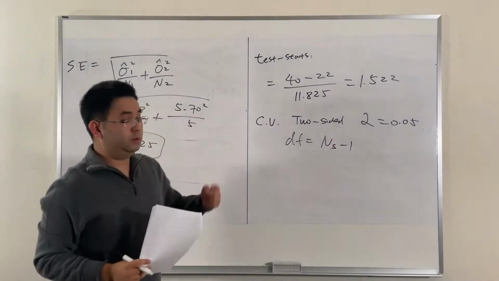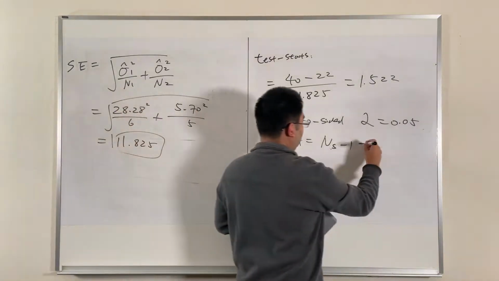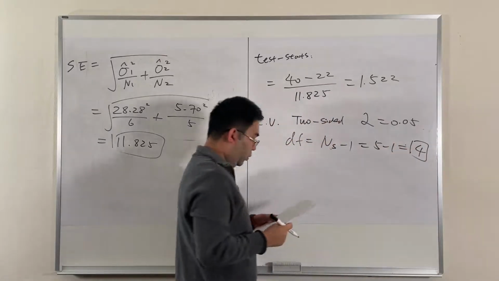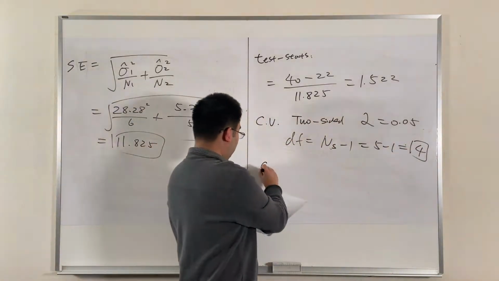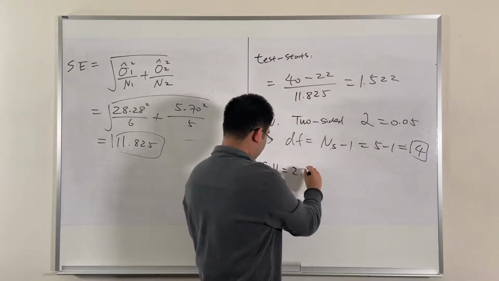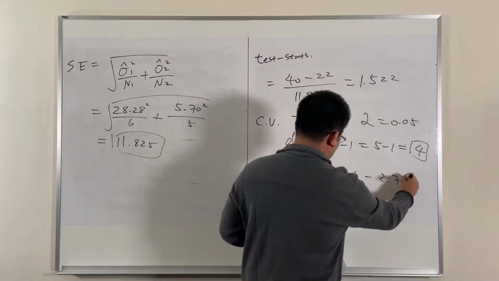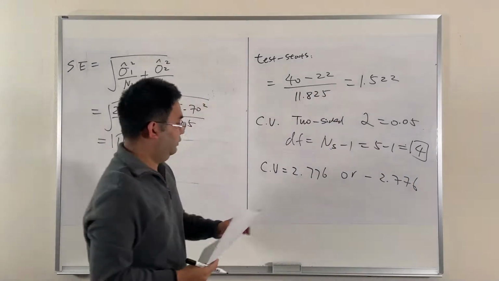In this case, the smallest of the two is 5, so it's 5 minus 1 equals 4. So our degree of freedom is 4. By checking the t table, the critical value is 2.776 or minus 2.776. We compare this to 1.522.